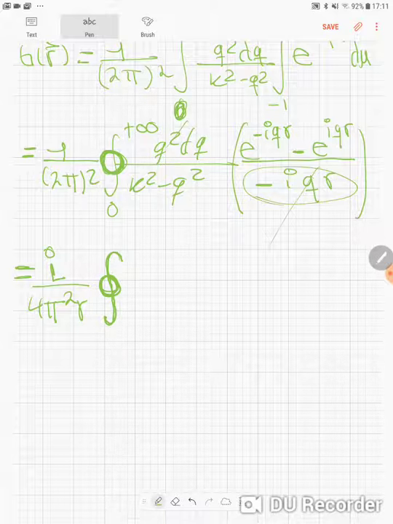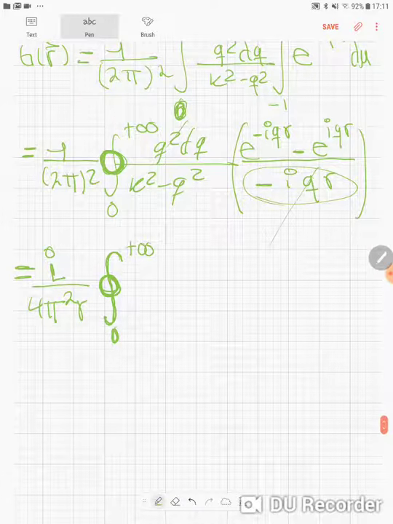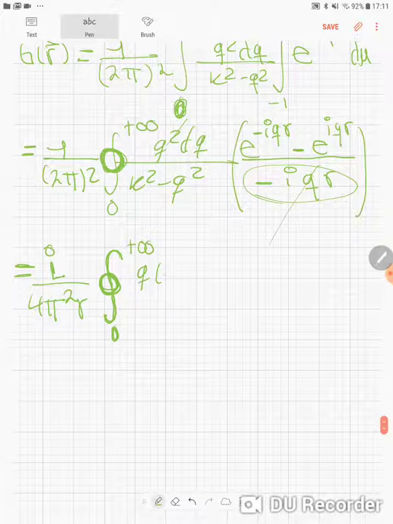some trajectory in the complex plane from 0 to plus infinity of q e. Now the minus sign that we have here was flipped because I put the i upstairs.